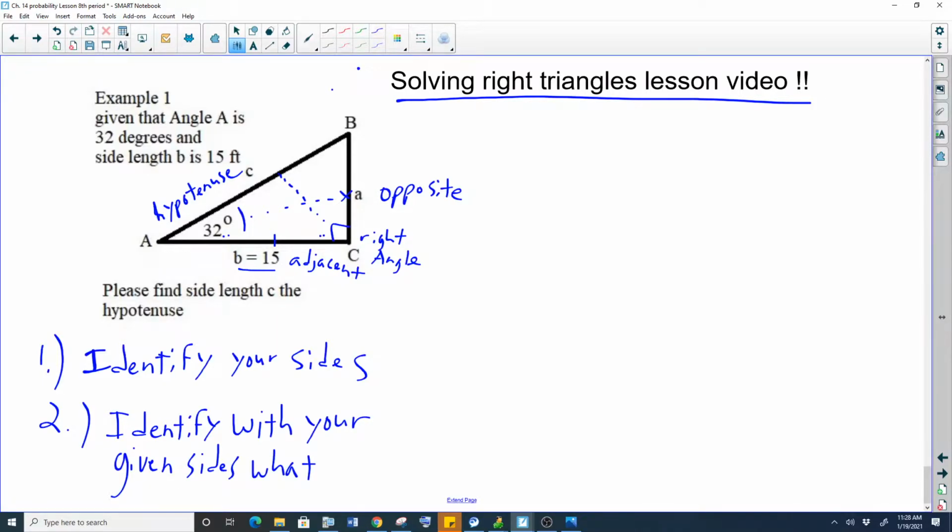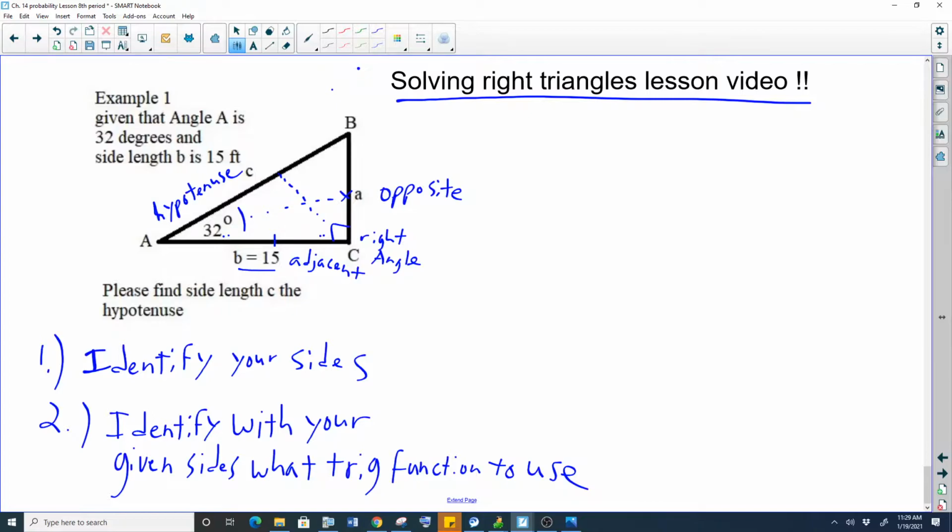So identify with your given sides what trig function to use, right? What trig function to use. Okay, so in this case, we don't have the hypotenuse. We don't have the opposite side.